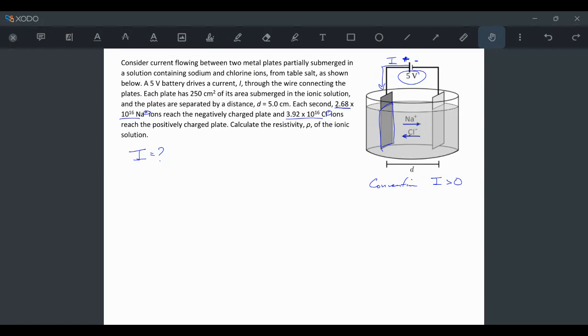So let's first deal with converting these quantities we have here into units that we actually want. Let's first work with the sodium ions. We're told that there are 2.6 times 10 to the 16 sodium ions per second reaching the charged plate.